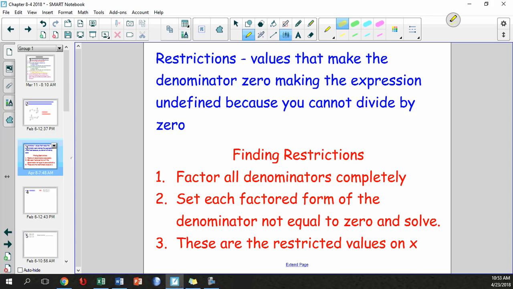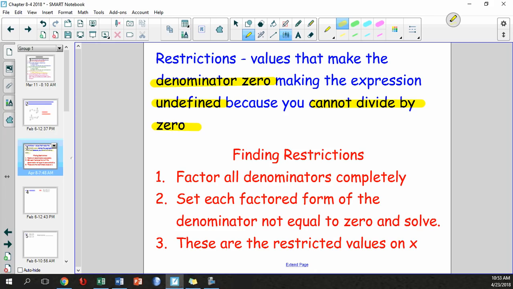So one more time, making sure you all understand. That's when the denominator is 0, making it undefined, and you cannot divide by 0. Do we all understand what I just said? That's what a domain restriction is for a rational expression. Finding restrictions: factor all denominators completely, set each factor form of the denominator not equal to 0, and solve. These are the restricted values on X.